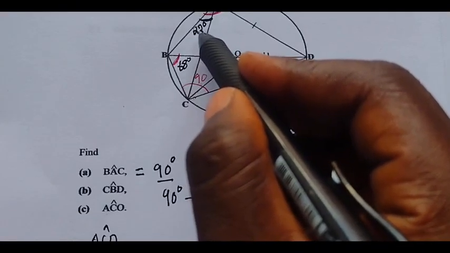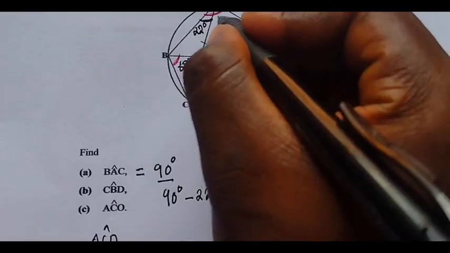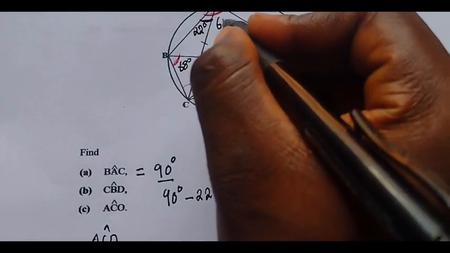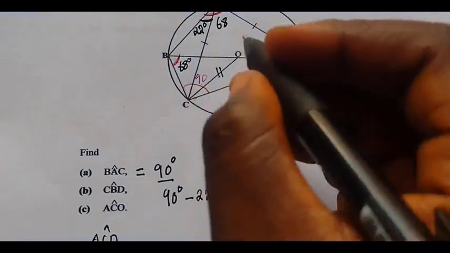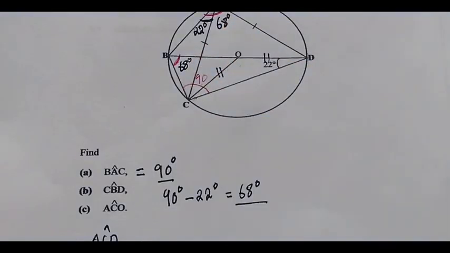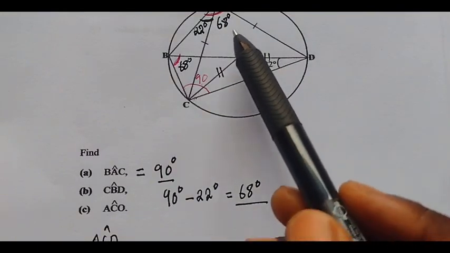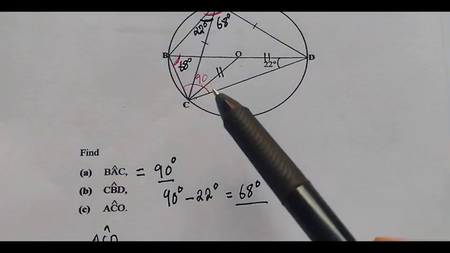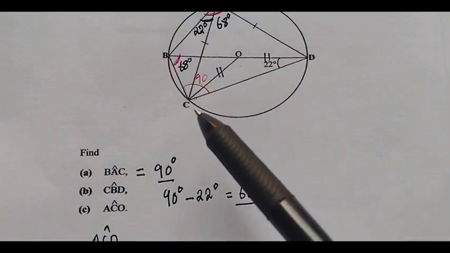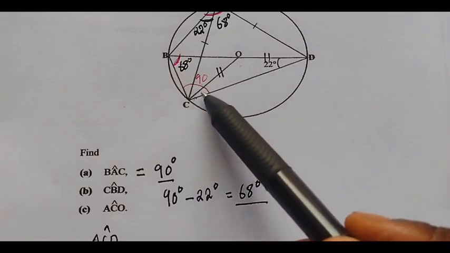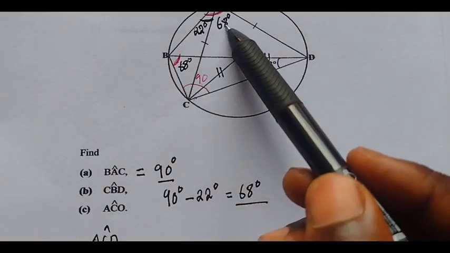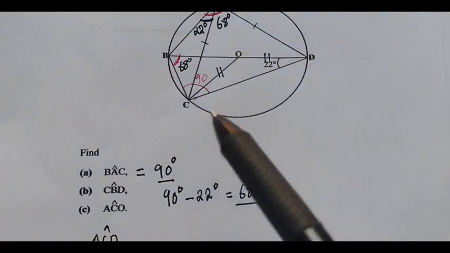So we are going to have an angle of 68 degrees as well. I hope it's clear. So we have a 68 here. Now remember what I said, we find ACD first. We have not yet found ACD. So this now will help us because this is an isosceles triangle.